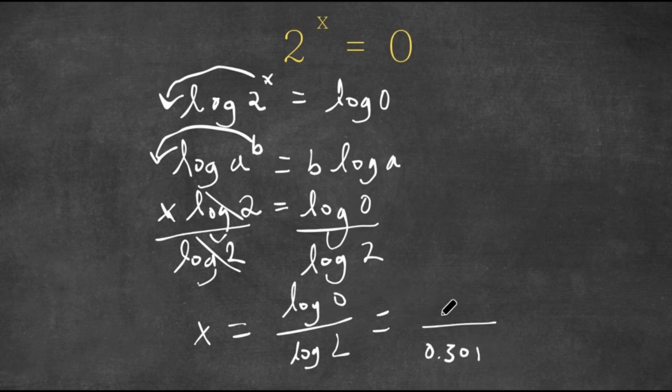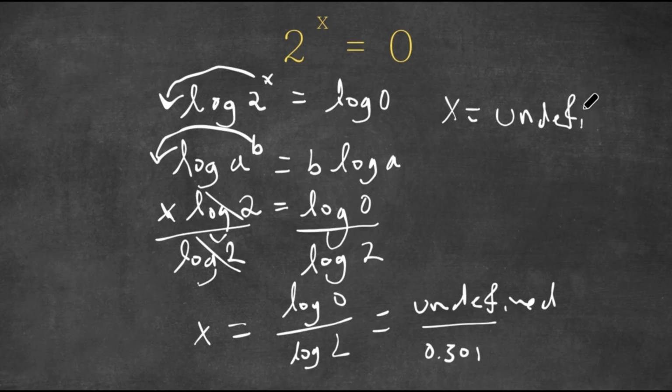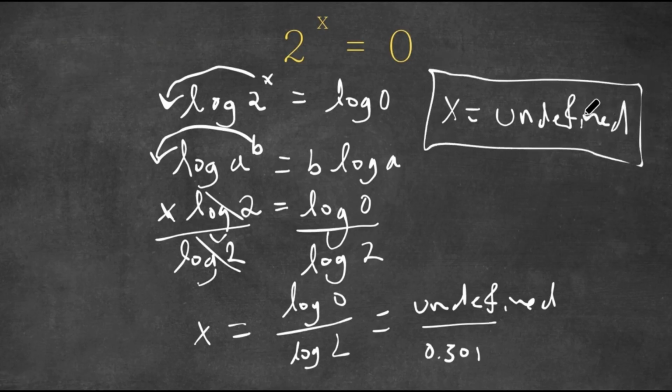However, log 0 is actually undefined. Log 0 is undefined, meaning x is also undefined because you can't divide an undefined number over 0.301. So this means that the value of x is undefined.